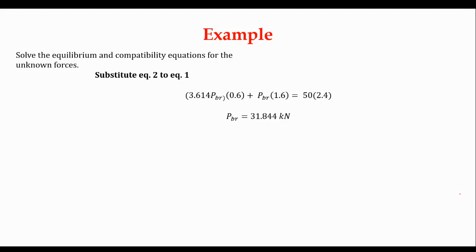Okay? And how about the force sa steel? So, ang force sa steel is just 3.614 force sa bronze. Asa man nagikan? This is actually equation 2. So, therefore, makuha na nato ang force sa steel now equal to 115.084 kilonewton. Okay? But, wala pa tanahuman kasi lagi ang gipangita is the stress in each rod.